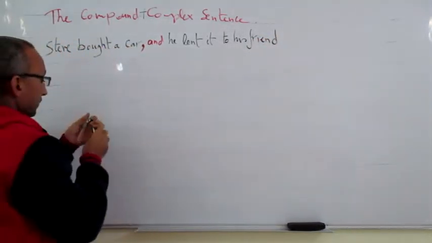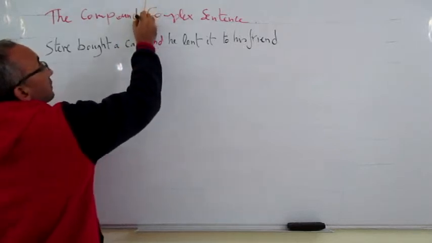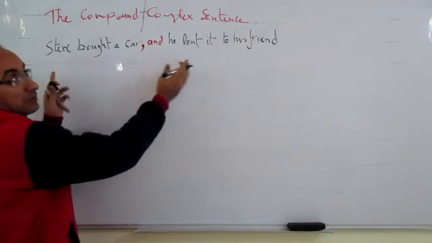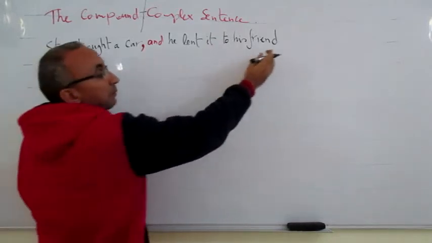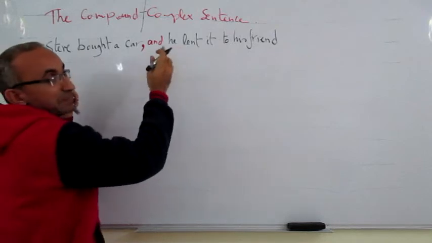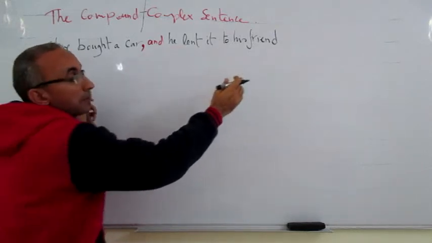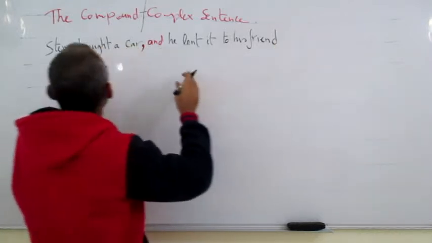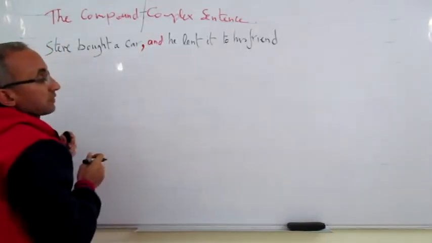Now here is the first part of my compound complex sentence. It's a compound sentence, which consists of two or more independent clauses, plus one or more dependent clauses. So here is my compound sentence first.